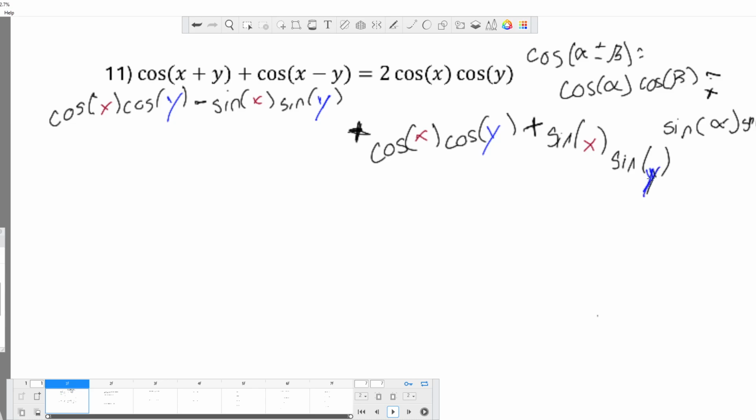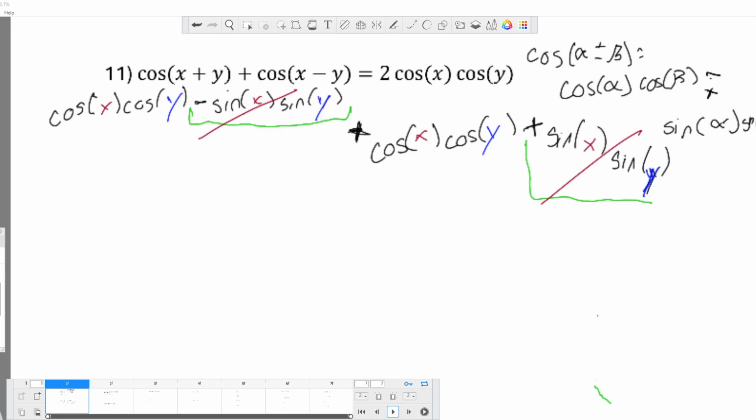And at this point, we're really just looking to combine like terms or potentially cancel things. So I have an entire term of negative sine x times sine y, and then I have a positive version right there. Those two things are the same term, except this one's negative, so we're able to cancel those two things out.